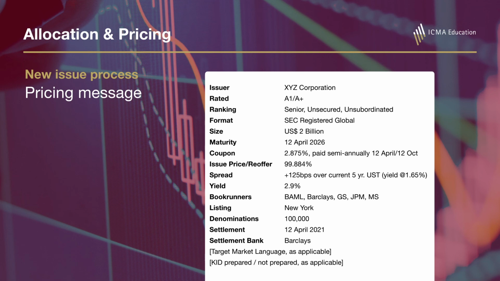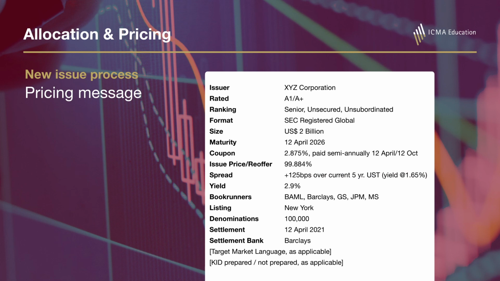And in terms of the spread, 125 basis points is the difference between the yield on the underlying benchmark bond, so in this case the 5-year US Treasury, which is set at 1.65%, and the yield on the bond itself, which is set at 2.9%. So the difference there being 1.25%, which is equivalent to 125 basis points.